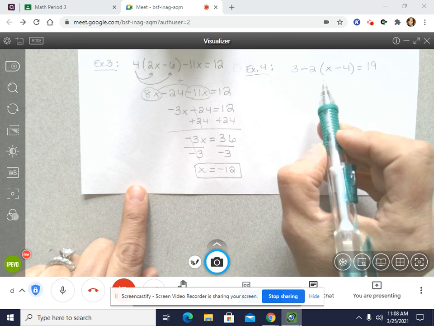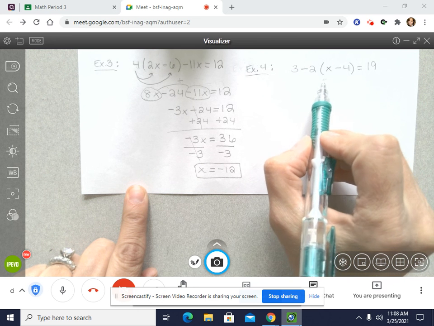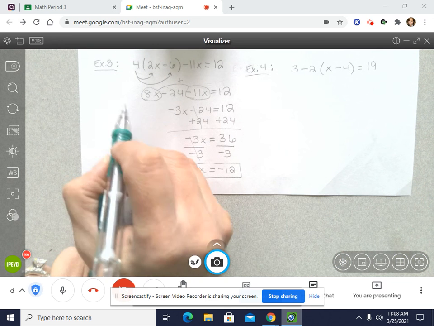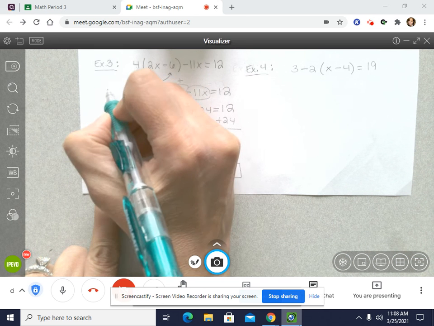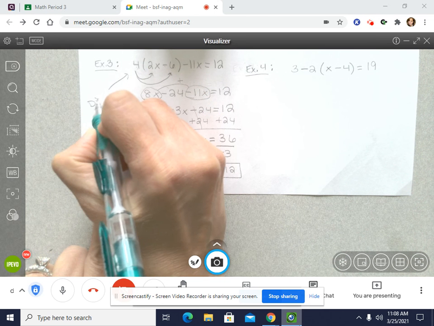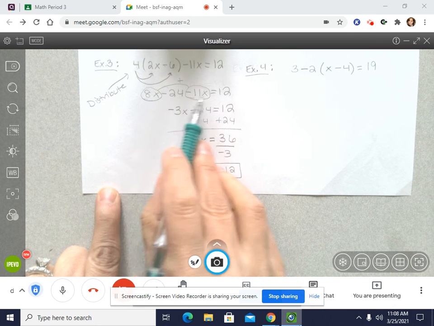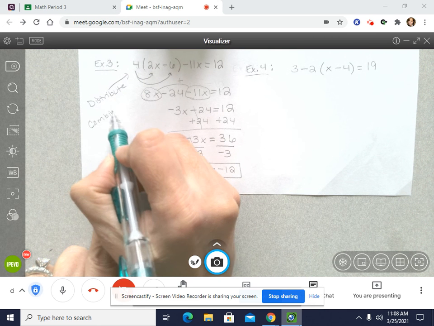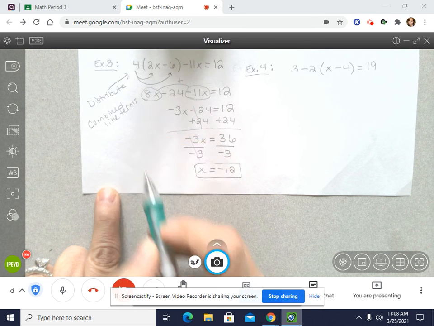All right, guys. Now this one, this example is tricky. All right, well, let me go back here for a second. So the first thing we did, right? First thing we did was distribute. All right, once we rewrote what was left, then we combined our like terms, right?